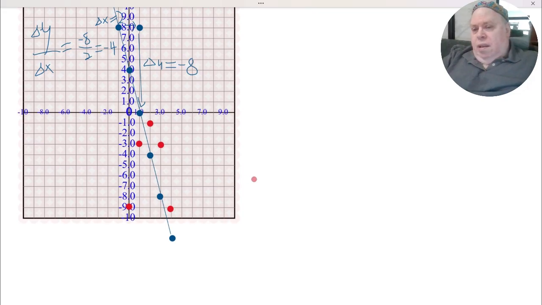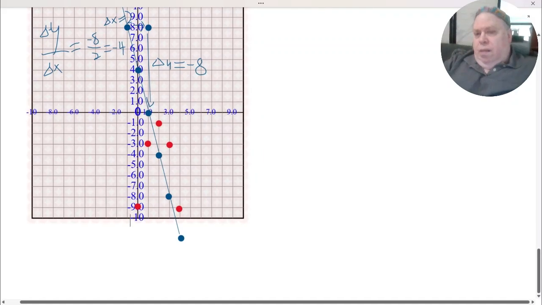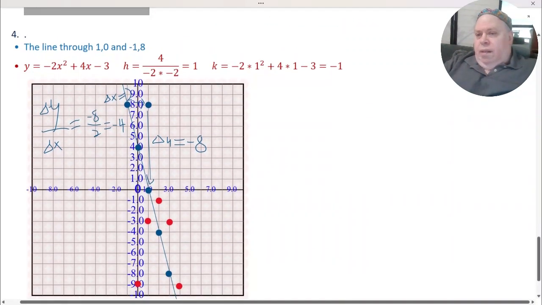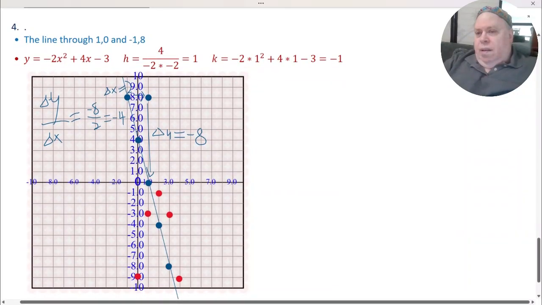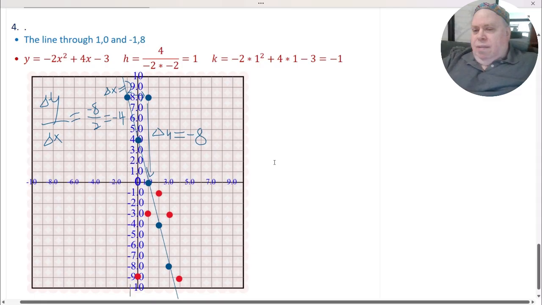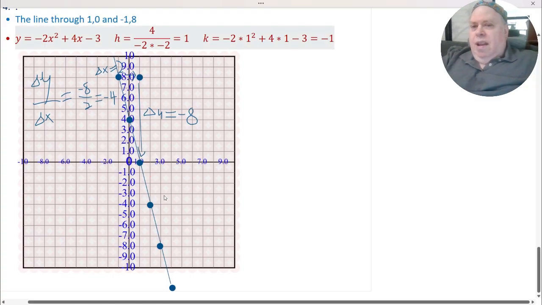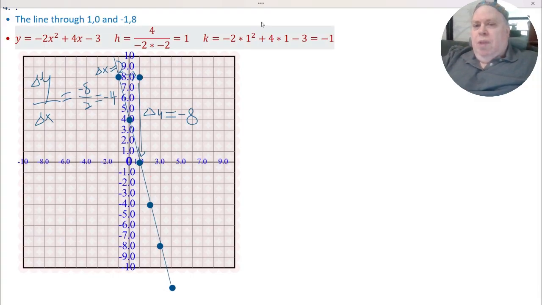Wait a second, I put the quadratic in the wrong place. This isn't minus 1, minus 1. So you see what can go wrong when you're graphing. You have to put the points in the right place.